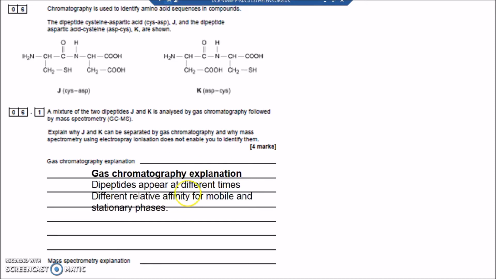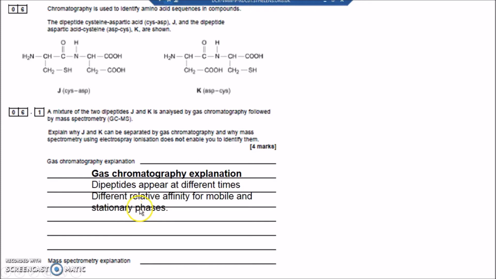And what actually happens then is that in gas chromatography, the dipeptides, the 2 peptides J and K, will appear at different times. They'll appear at different times depending on their affinity for the mobile and stationary phases.